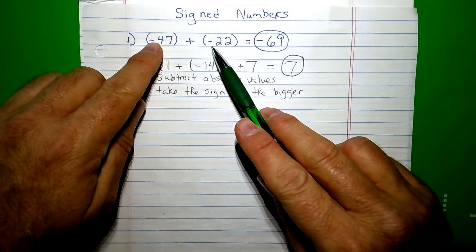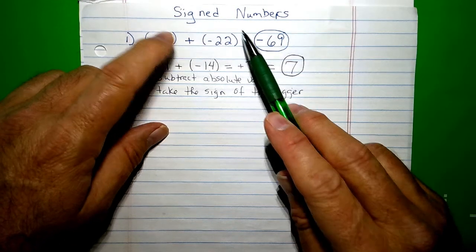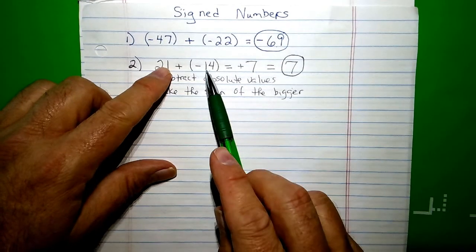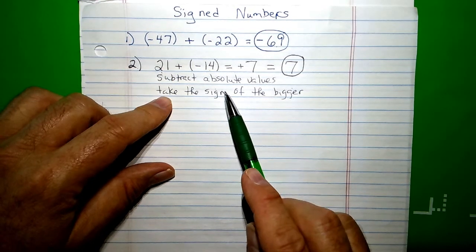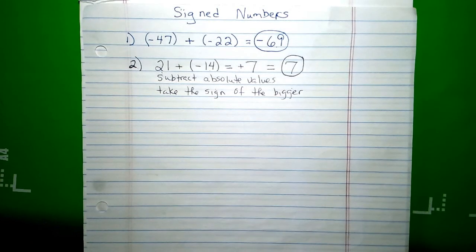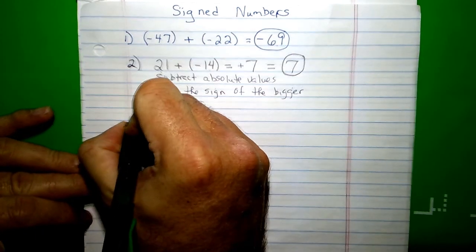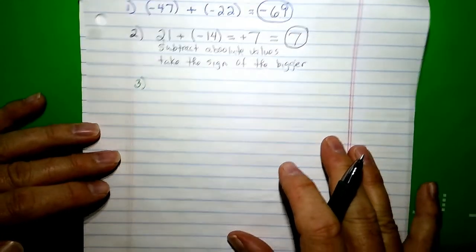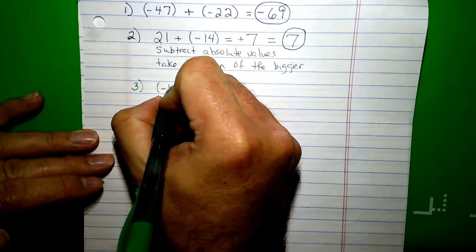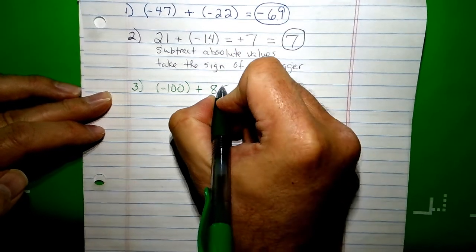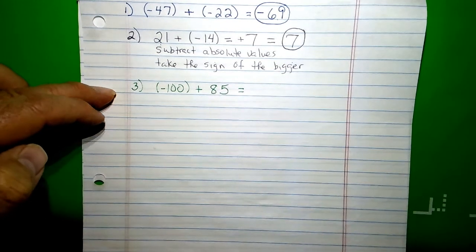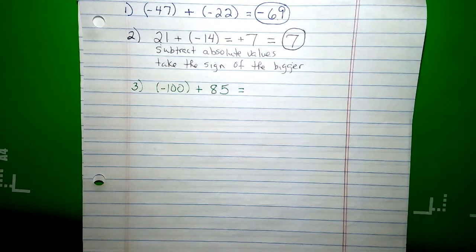So to add two negatives, you just add them up and keep the negative. To add a positive and a negative, you subtract, take the sign of the bigger number. Here's another one. How about negative 100 plus a positive 85?